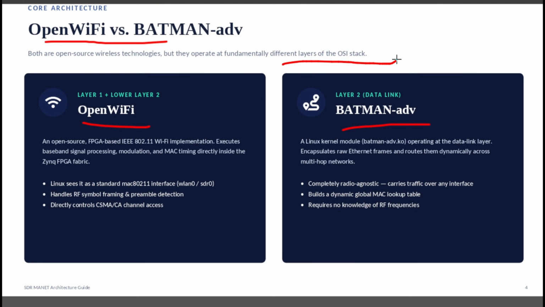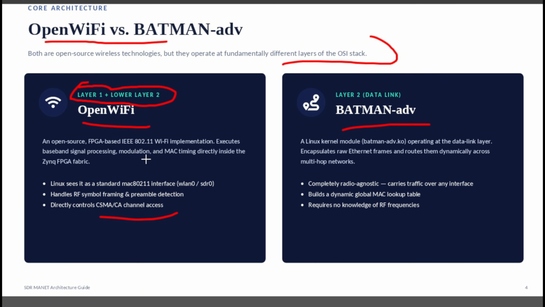OpenWiFi is a layer 1 and lower layer 2 technology, an open source FPGA based 802.11 Wi-Fi implementation. It handles RF symbol framing, preamble detection, and CSMA/CA channel access. And Linux just sees it as a normal wireless interface.